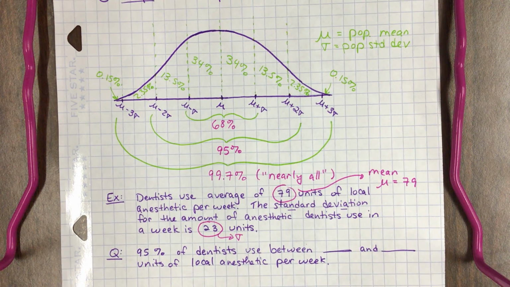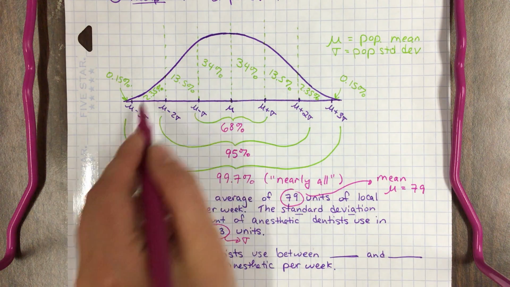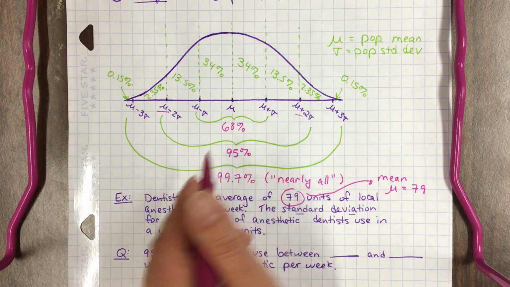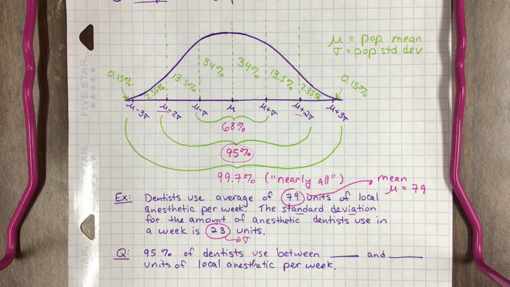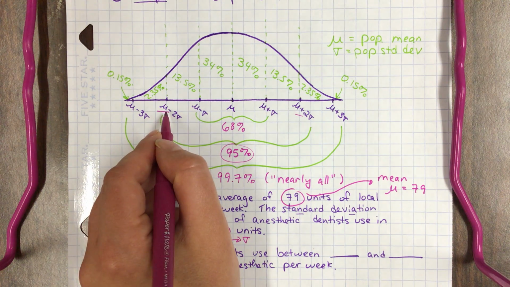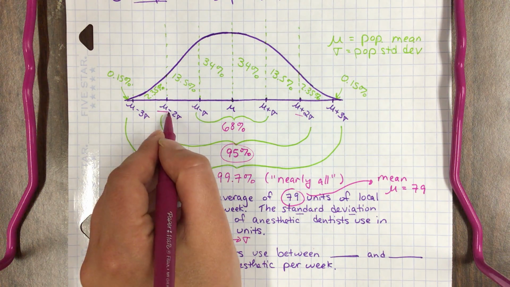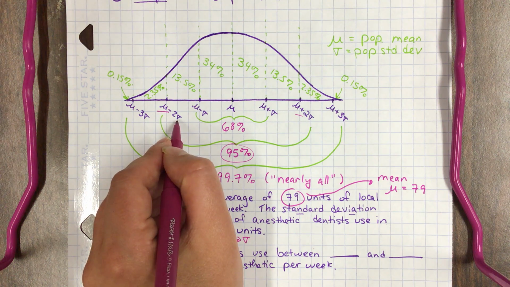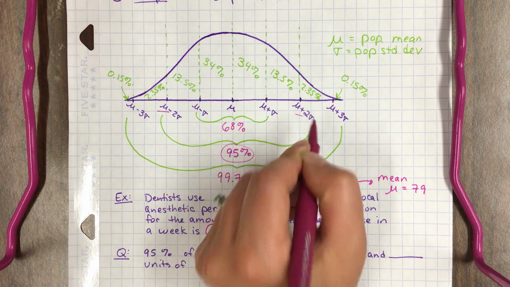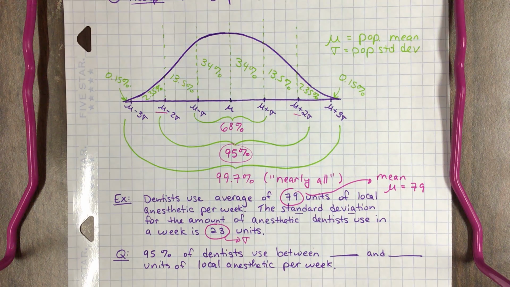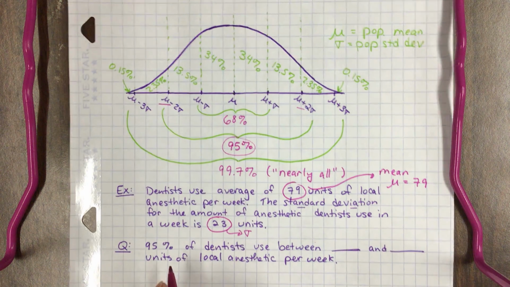How could I do that? Well, I'm going to look up at my picture and I'm going to see 95% here looks like I need to go from average minus 2 standard deviations to average plus 2 standard deviations. So let's try that.